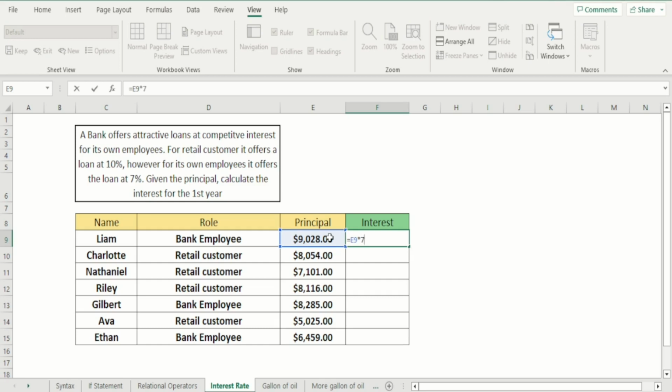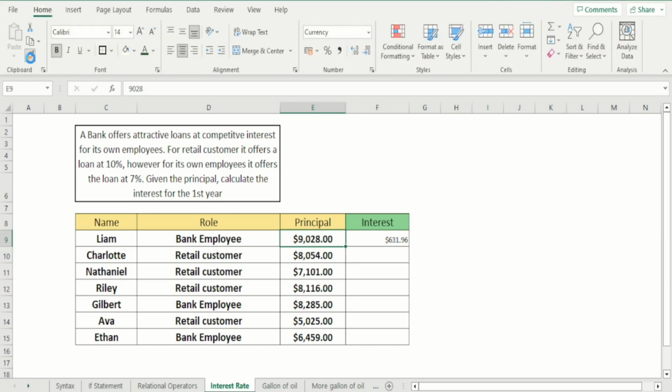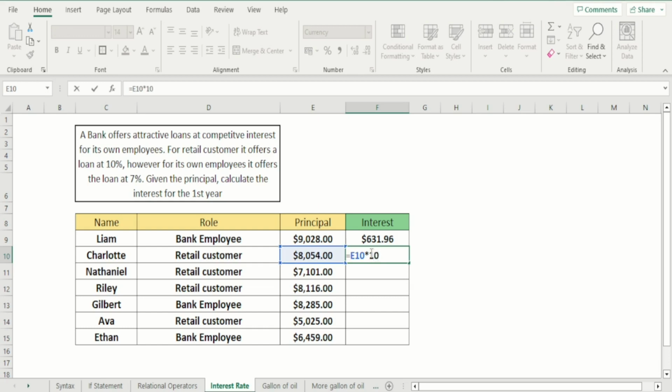So we can multiply it by 7%, and that tells us the interest amount we can expect for this principal loan. The next one is a retail customer. For the retail customer, we again see that the interest is given at 10%. So let's take it at 10%, and that gives us the interest for the retail customer.